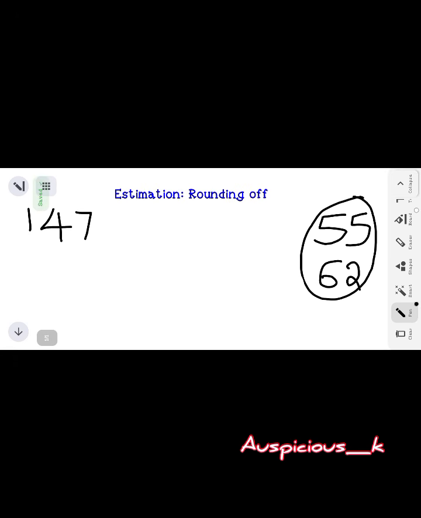For example, now we are asked to round off 147 to the nearest 100. So what do we do? We just put the numbers in their houses. Okay, first thing first, put them in their houses. So I have 100, tens, and units, because I'm dealing with 3 numbers rather.